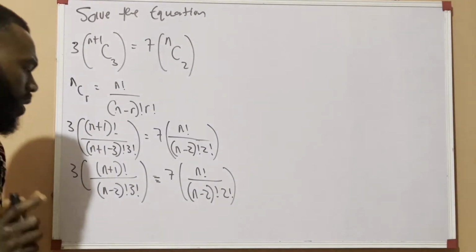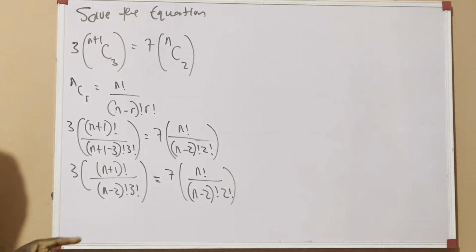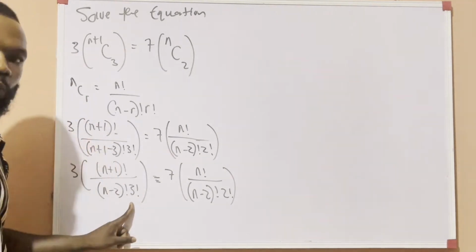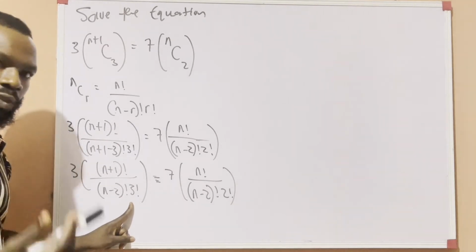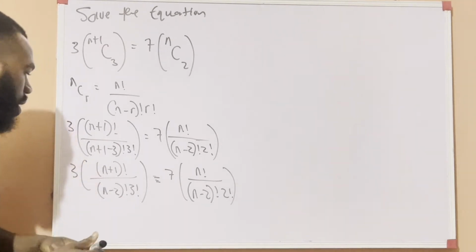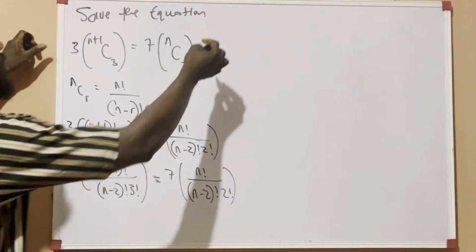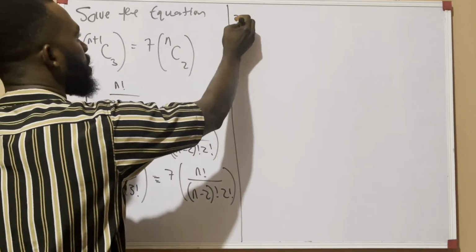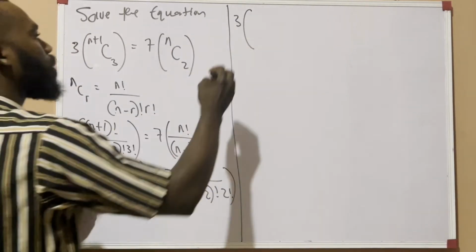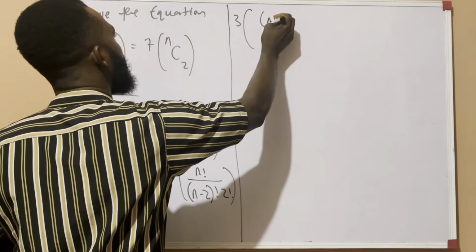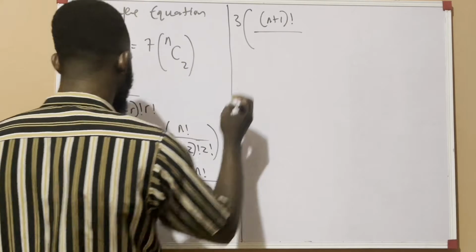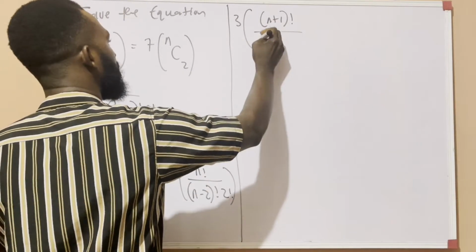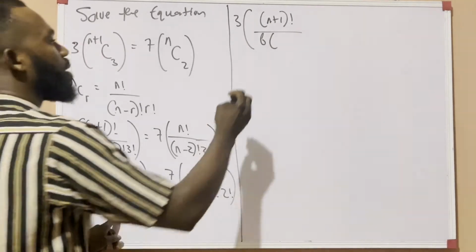Let us proceed. Now we all know that 3 factorial means 3 times 2 times 1, and that gives us 6. So here automatically becomes 3 times the bracket of n plus 1 factorial over 6 times the bracket of n minus 2 factorial.